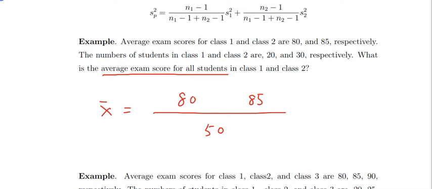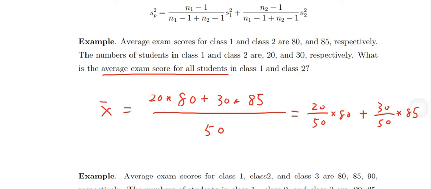Total points in class 1 is 20 multiplied by 80, and total scores from class 2 is 30 multiplied by 85. So we can write this as 20 over 50 multiplied by 80 plus 30 over 50 multiplied by 85, right?